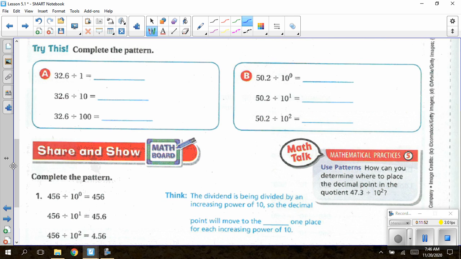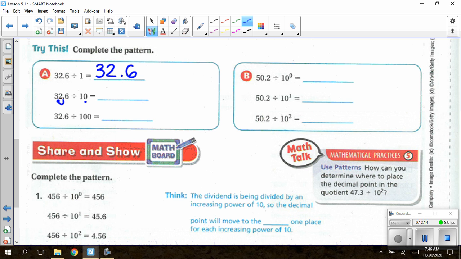So under the try this, for A, we have a pattern that they want us to complete. So any number divided by 1, we always know equals that exact same number, so I still have 32.6. Divided by 10, my 10 has 1 0, so 1 swoop. Since we're dividing, it's to the left, and it's always from the decimal.